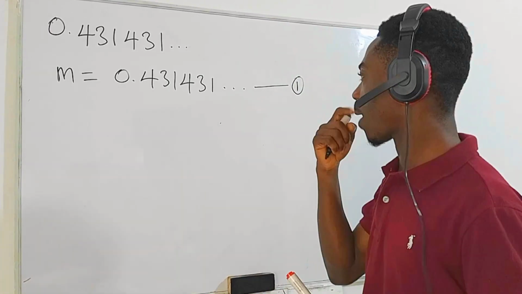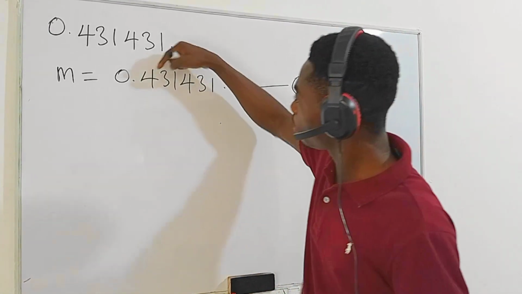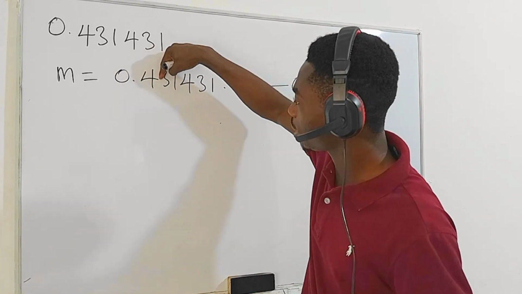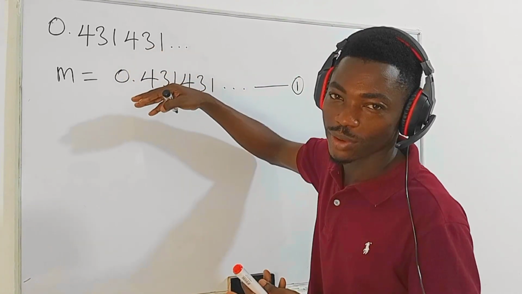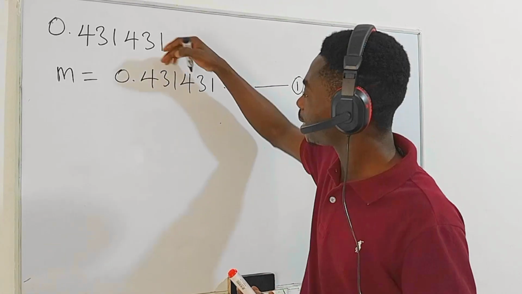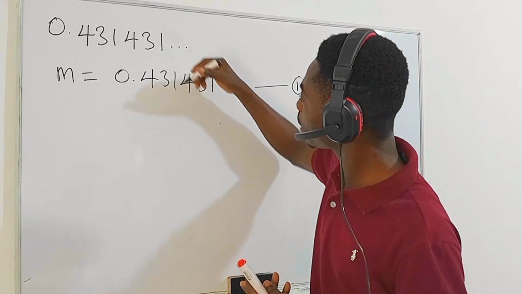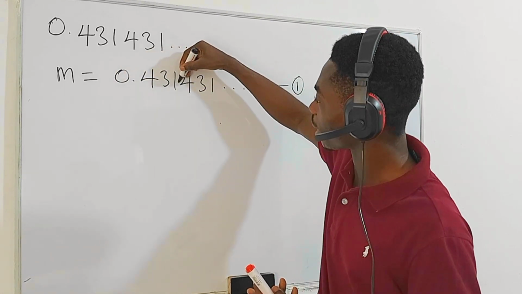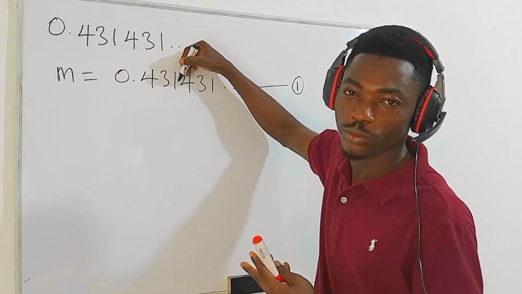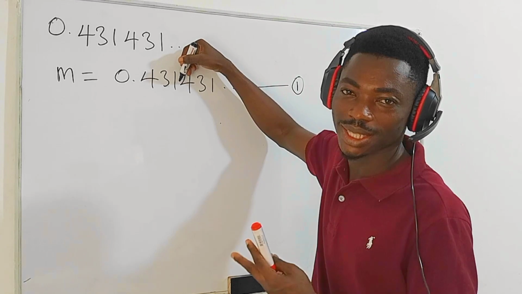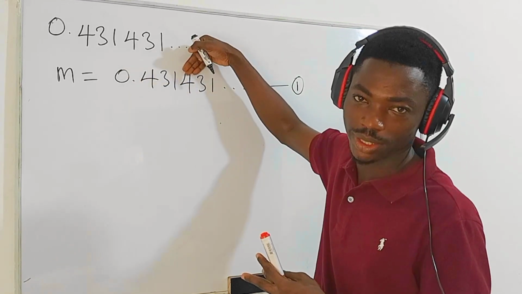All right, now check this. If we move the decimal point right to this point, the new equation that we will be having will be different because the digits after the decimal point will also be different. But you realize that if you move the decimal point all the way to this side right here, the new equation that will be forming will have the same digits after the decimal point as this first equation.